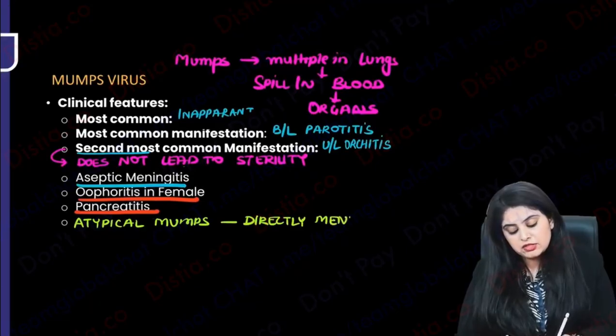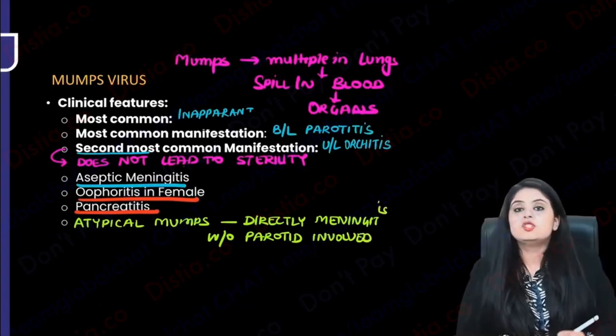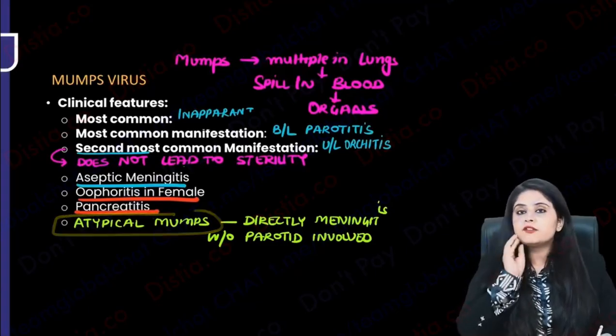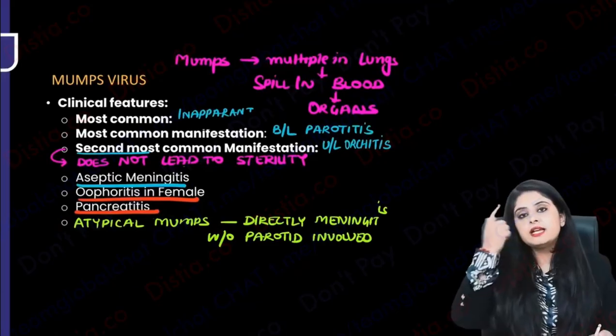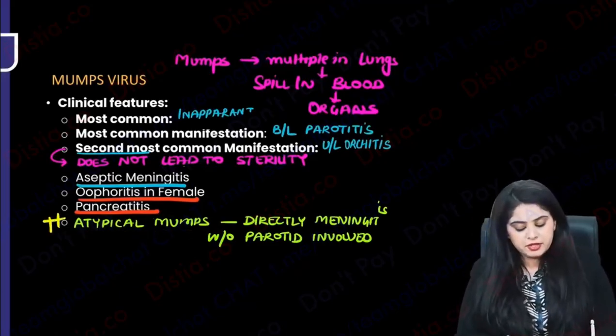Imagine, one of the starting presentations is going to be meningitis, and this meningitis is going to be without parotid involvement. Without parotid involvement, directly there is going to be a case of meningitis. Very, very important information. That is why it's atypical. I expected first parotid and then later on brain. Here there is direct brain involvement and no parotid involvement, and that is atypical mumps.